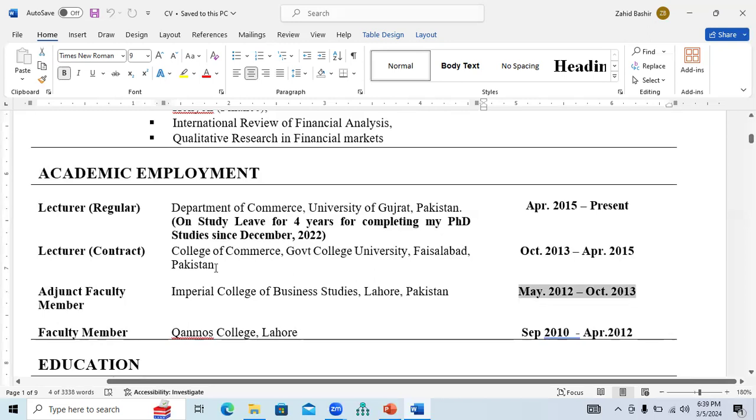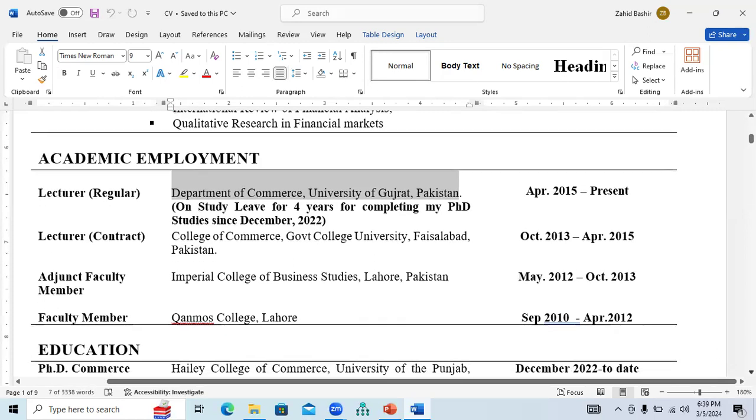Then I joined College of Commerce, GC University, Faisalabad on contract during 2013 to 2015 as a lecturer. Then I joined as a lecturer on a regular, permanent basis, Department of Commerce, University of Gujarat, Pakistan, from where I am on study leave at this point of time for completing my PhD.